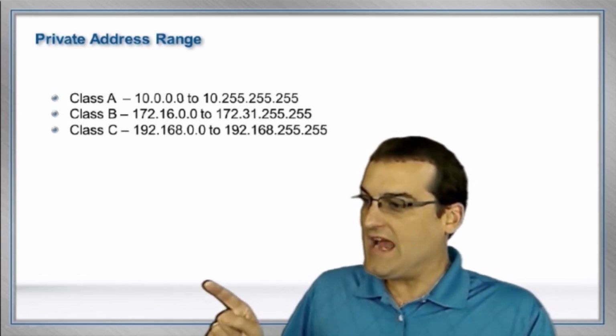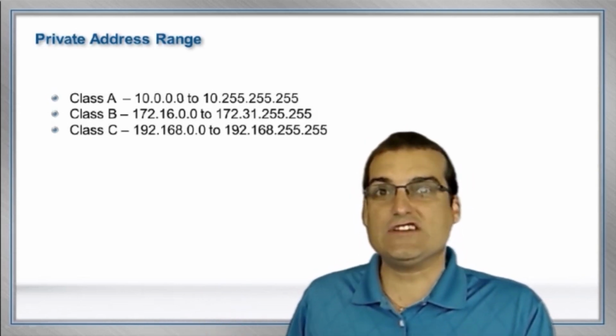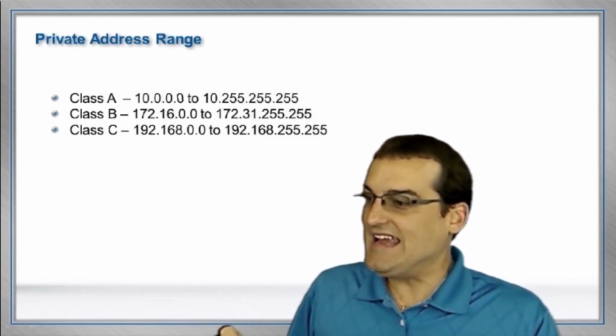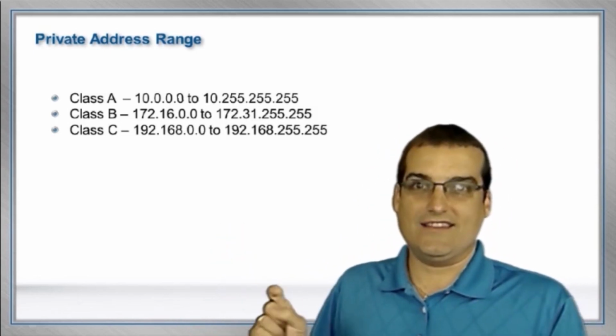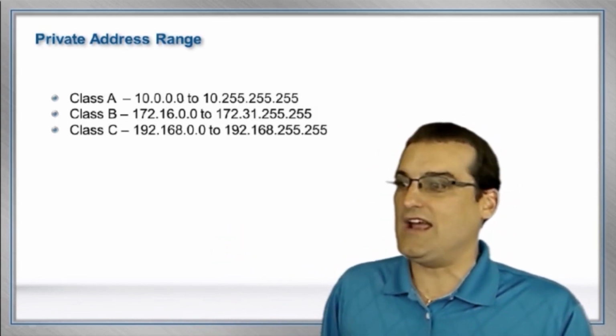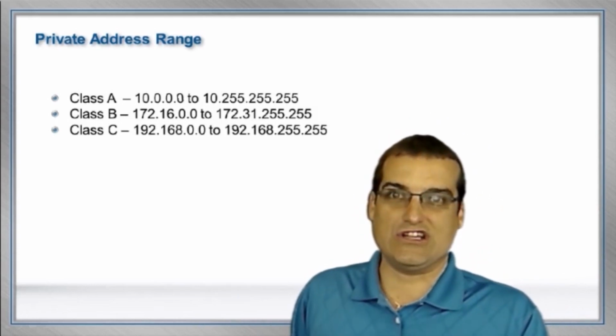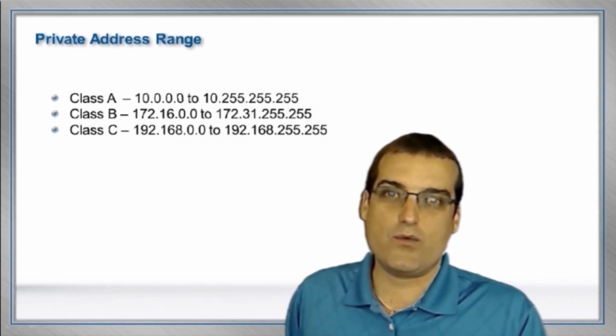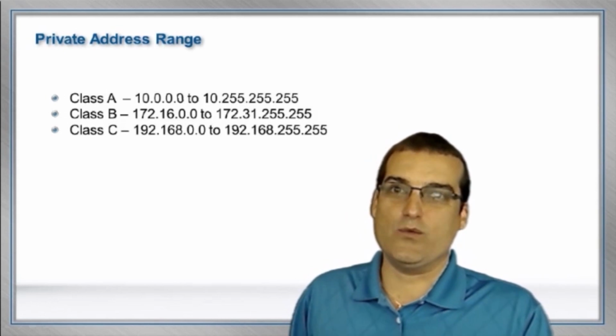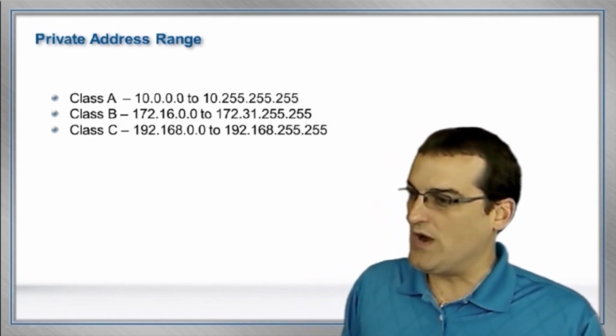What your home internet service provider will do, for instance, is translate this address into an address that can be used on the internet. This is called network address translation, and it's something we'll discuss later on in the videos as well.